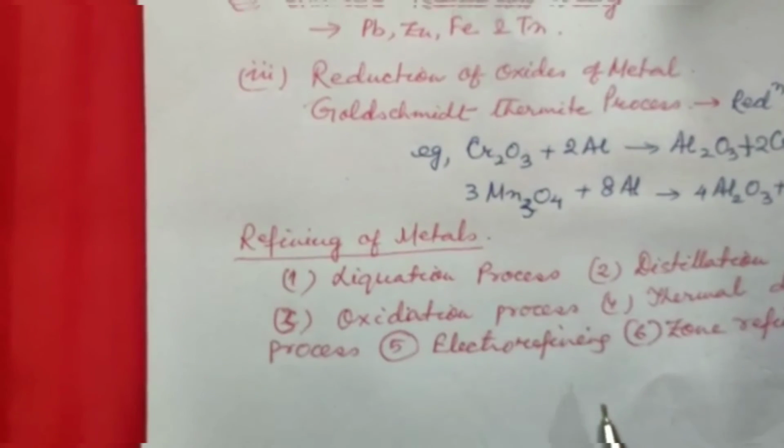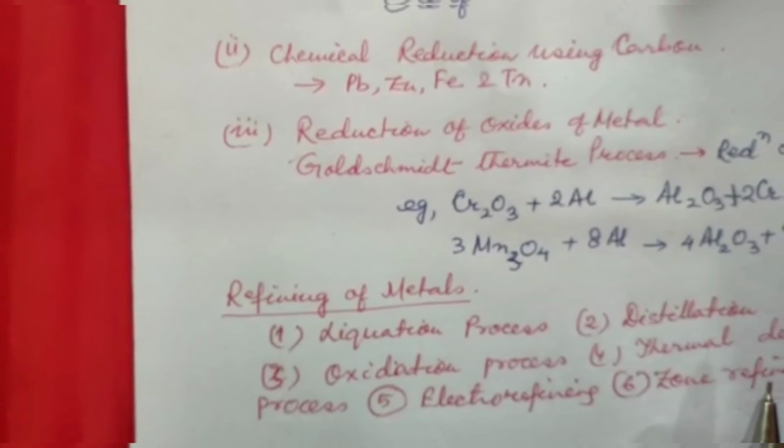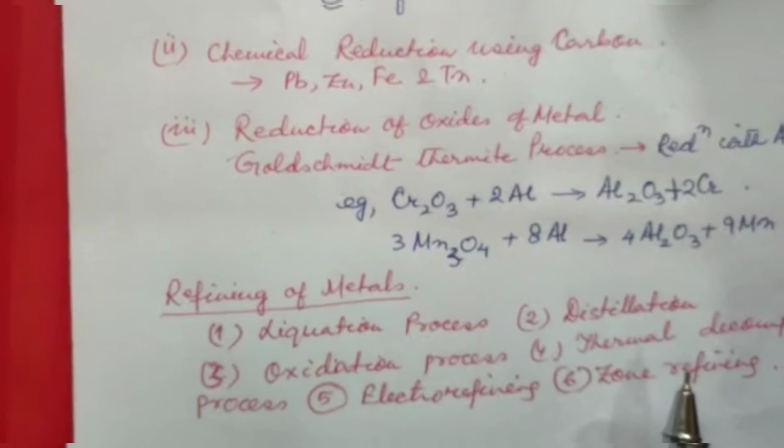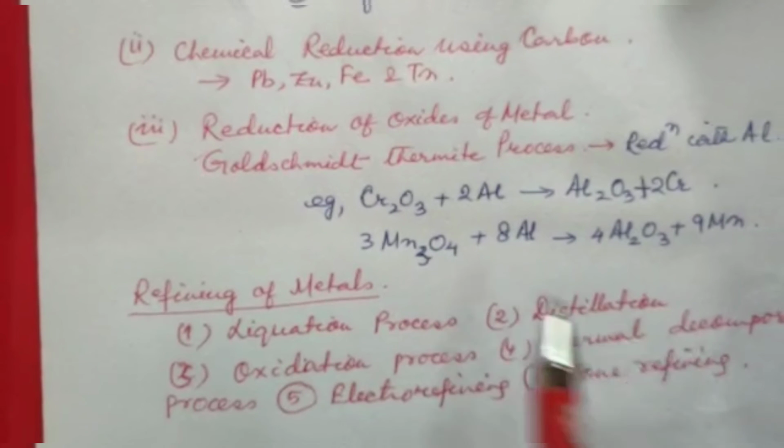The third type of reduction is reduction of oxides of metal, that is the Goldschmidt thermite process. In this process, if the temperature required for the reduction of oxide by carbon is not easily attainable, then reduction is carried out by another metal such as aluminum.